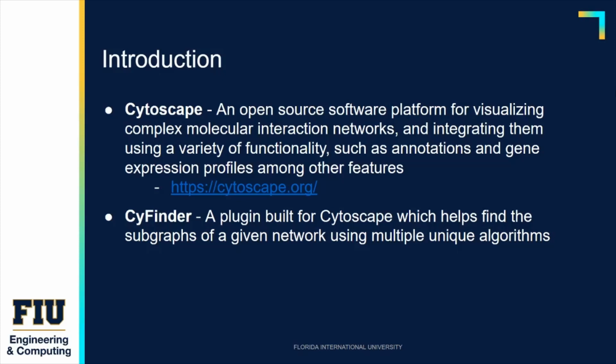So, a quick introduction. Cytoscape is an open source software platform for visualizing complex molecular interaction networks and integrating them using a variety of functionality, such as annotations and gene expression profiles, among other features. Essentially, Cytoscape is the software we're using to run our plugin.